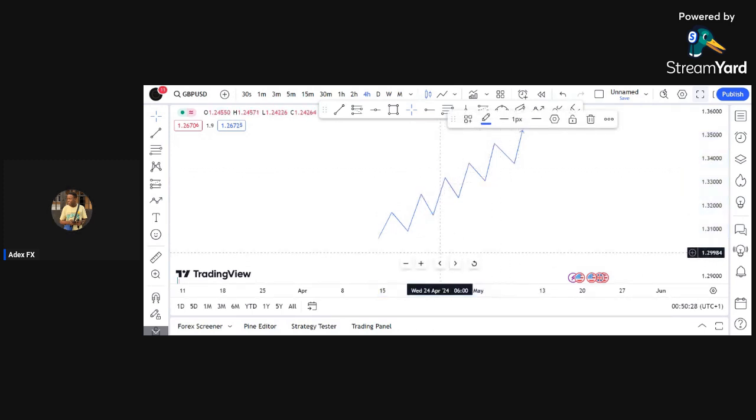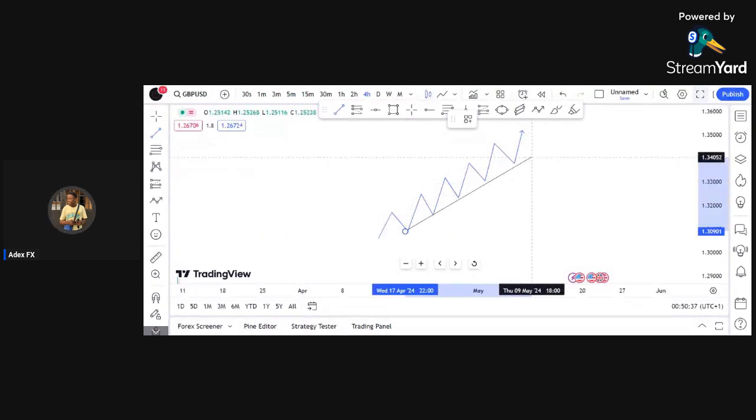So you pick up your trend line. This is the low. So you extend it to the future, something like this.